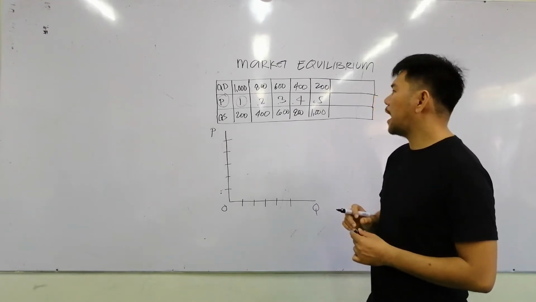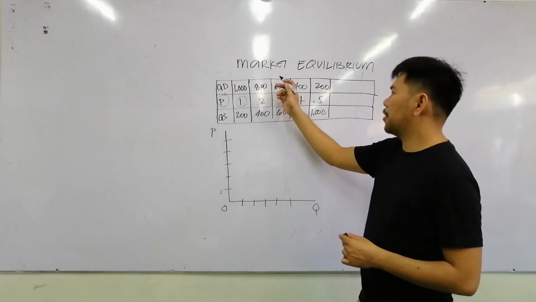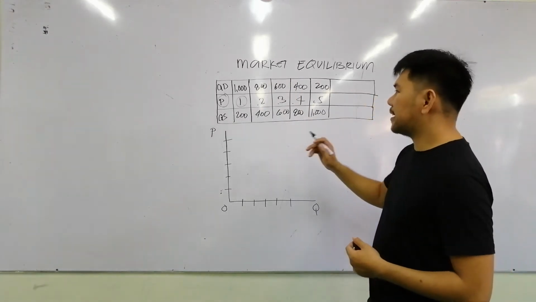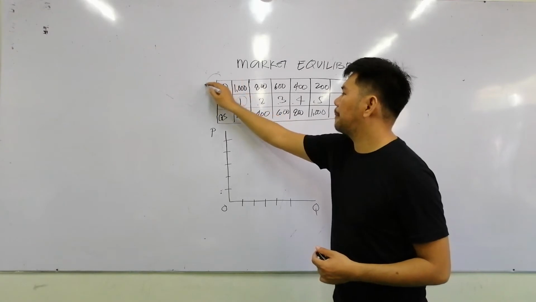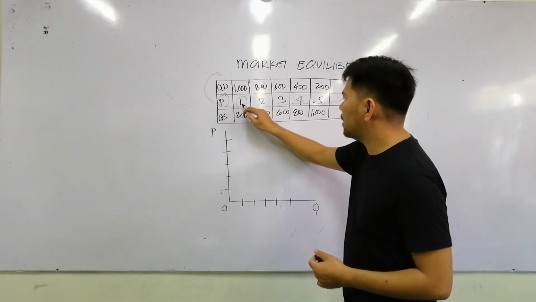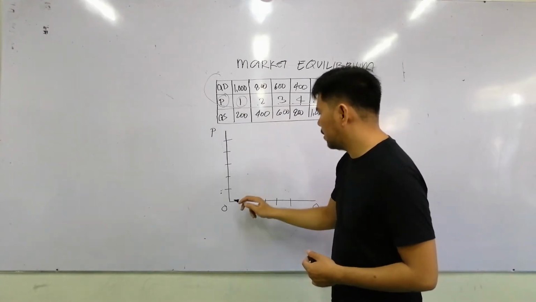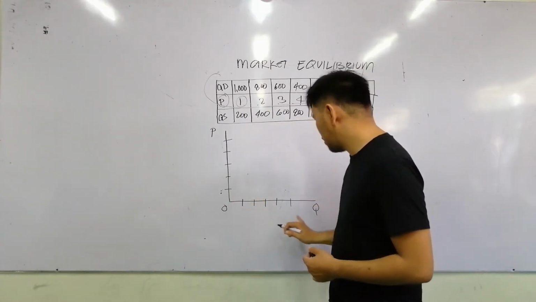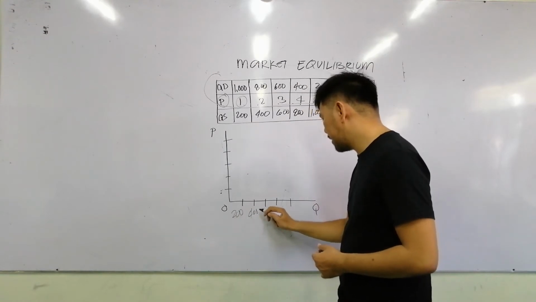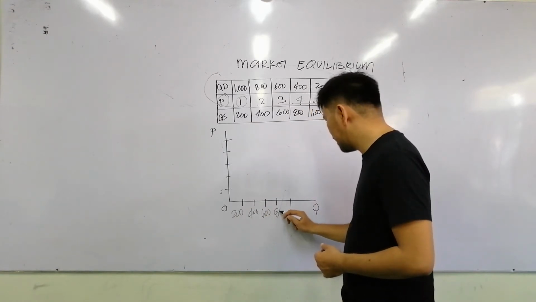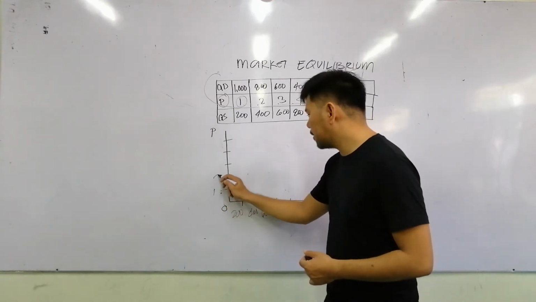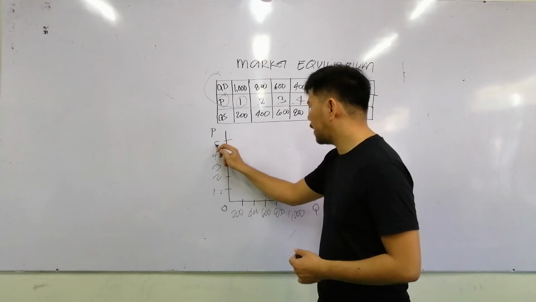So, how do we determine market equilibrium in this example? Let's try to plot this in a graph. Let's start with QD and P. If the price is 1, your QD is 1,000. For the Q axis we have 200, 400, 600, 800, and 1,000. For the P axis, 1, 2, 3, 4, 5.